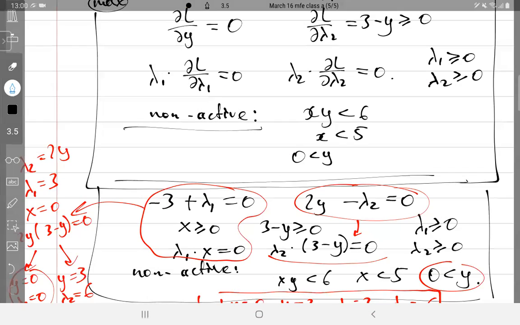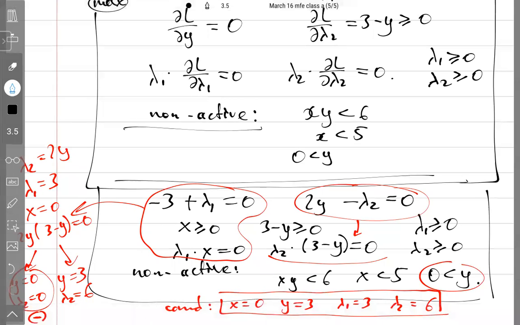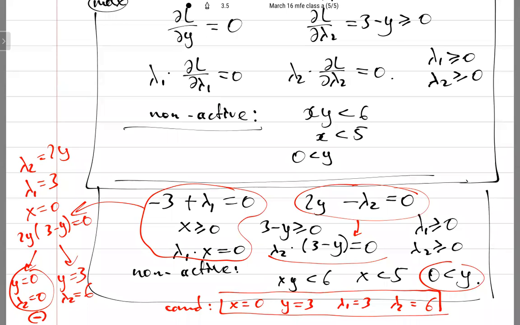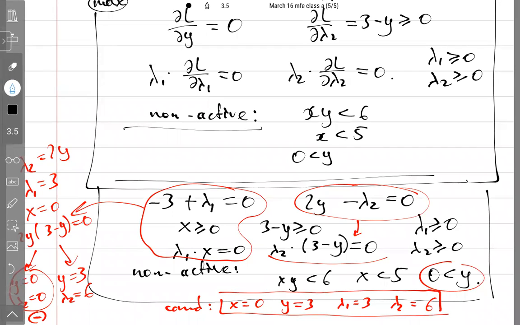Okay, we go on with second order conditions. So what do we do with second order conditions? Let me copy the values. X is 0, y is 3, lambda 1 is 3, lambda 2 is 6.